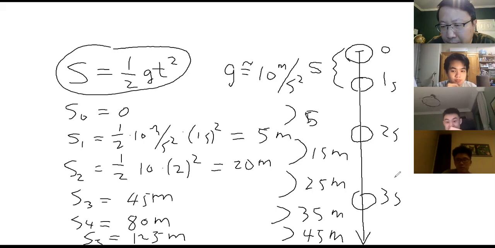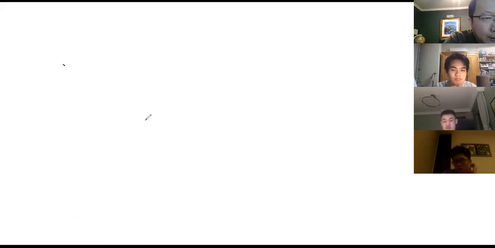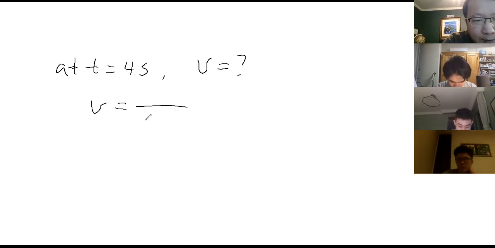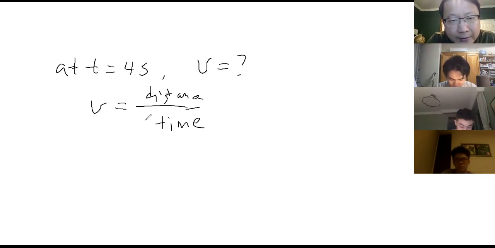So let's go to the next page. Now at t equals 4 seconds after releasing the ball, what is the velocity or speed? So basically, what is speed? Speed is distance traveled at a certain time, right?